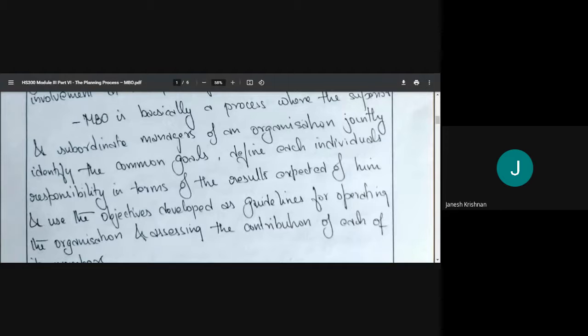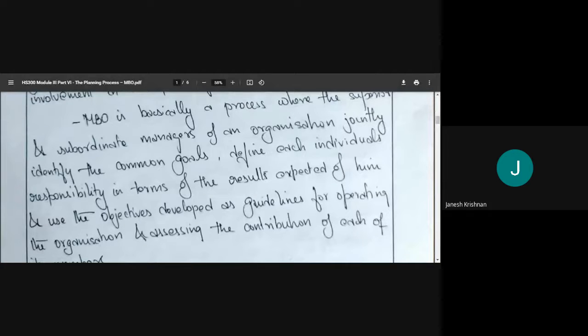Using these objectives as guidelines for operating the organization, each employee has to produce 10 units.